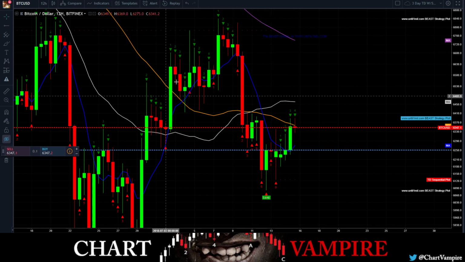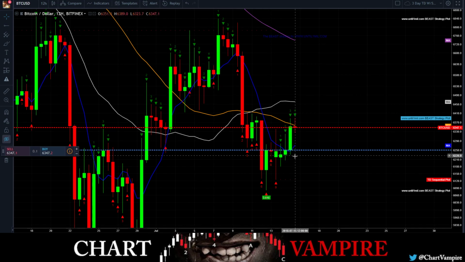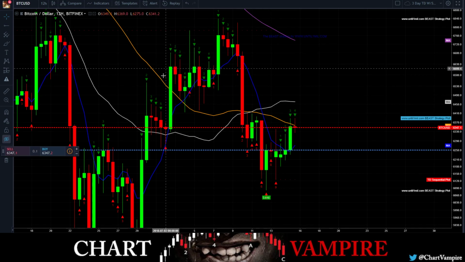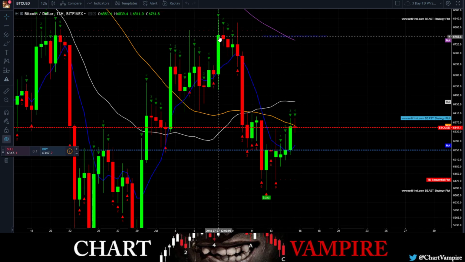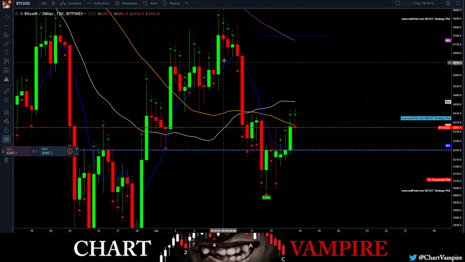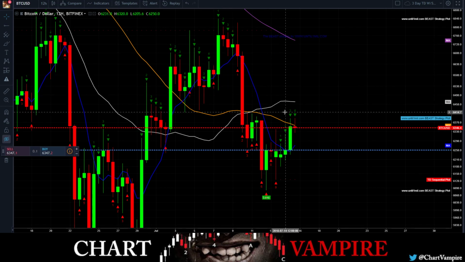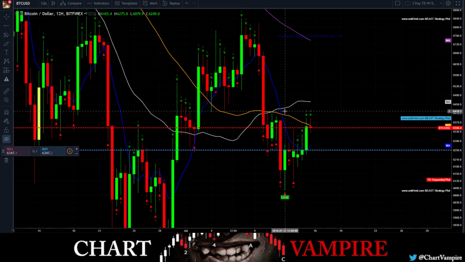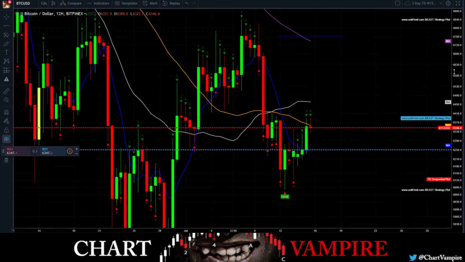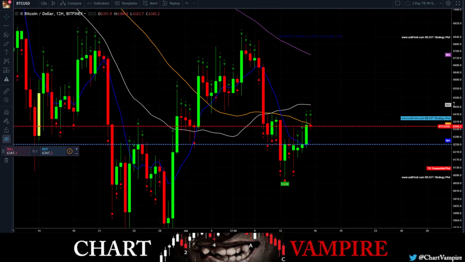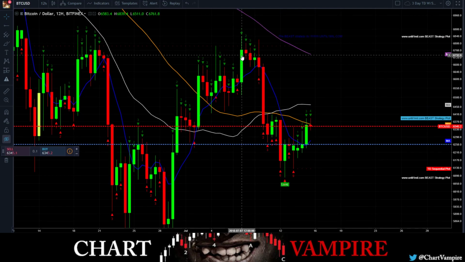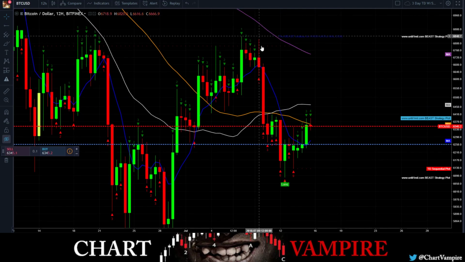Now, as I play my candles, I'm always looking for reversal candles, spinning tops, hanging man candles. I'm looking for trend reversal candles at the top and or the bottom of the particular price action, right? And I'm always watching out for spinning top candles. So look, spinning top, spinning top, spinning top.